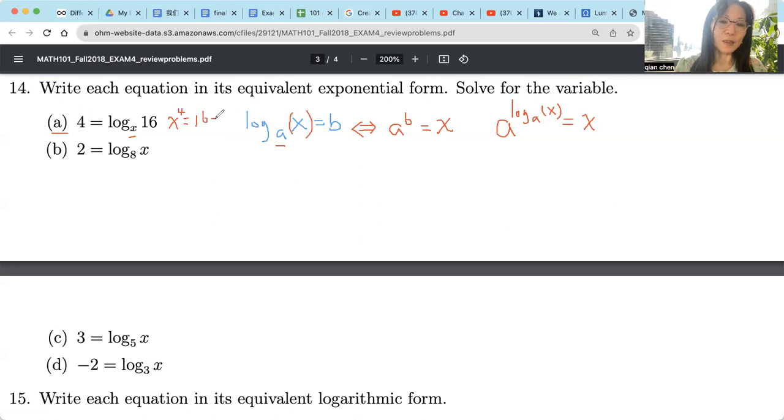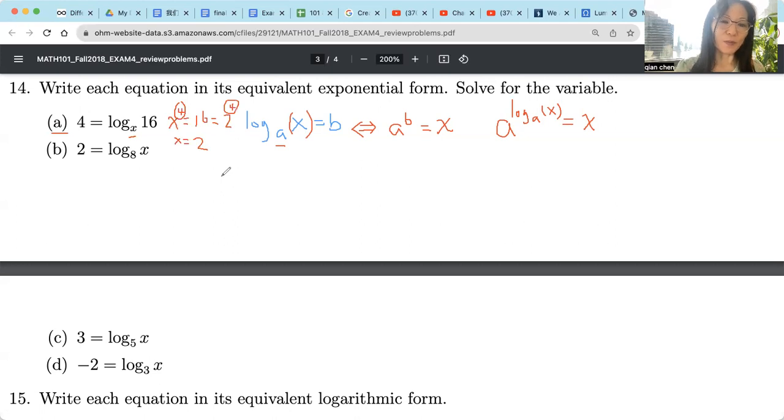And then we know 16 is 2 raised by 4. So that means the exponents are the same. We have raised by 4 on the left-hand side, we have raised by 4 on the right-hand side. That means the base has to be the same. So that means x equals to 2.